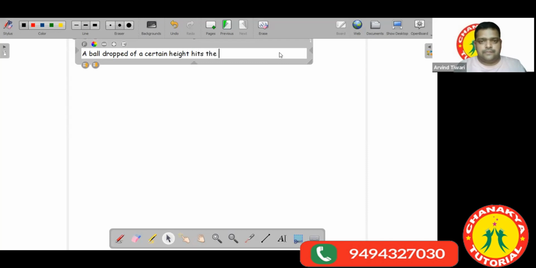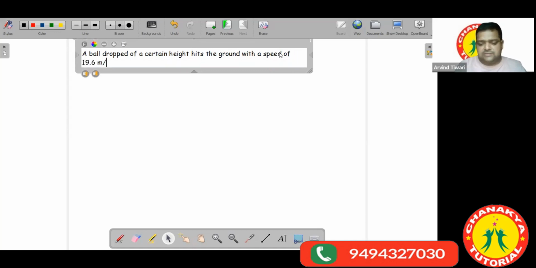The ball hits the ground with a speed of 19.6 meter per second in 2 seconds. Find the acceleration. So who will tell the answer?